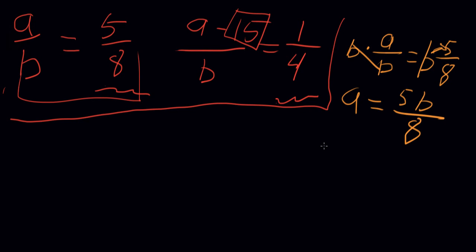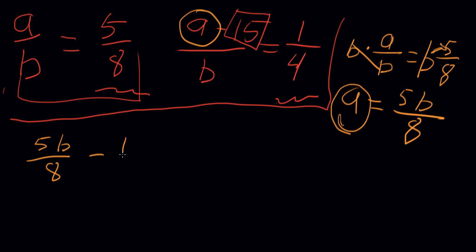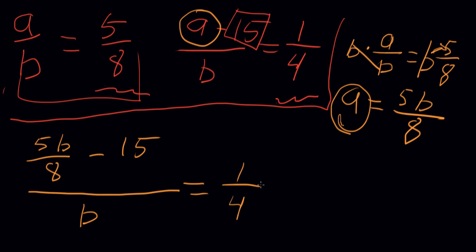So now I can substitute for A. So I can replace that A with this equation, and I get 5B over 8 minus 15, all of that, over B equals 1/4.